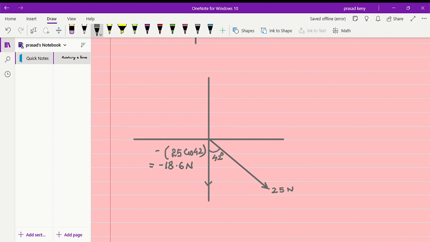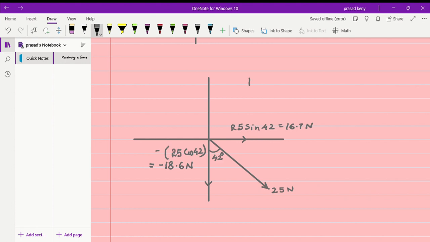And the sine component will go in the positive x direction perpendicular to y direction in the same quadrant. So that will be 25 sine 42, which is 16.7 Newton, and it will be positive.